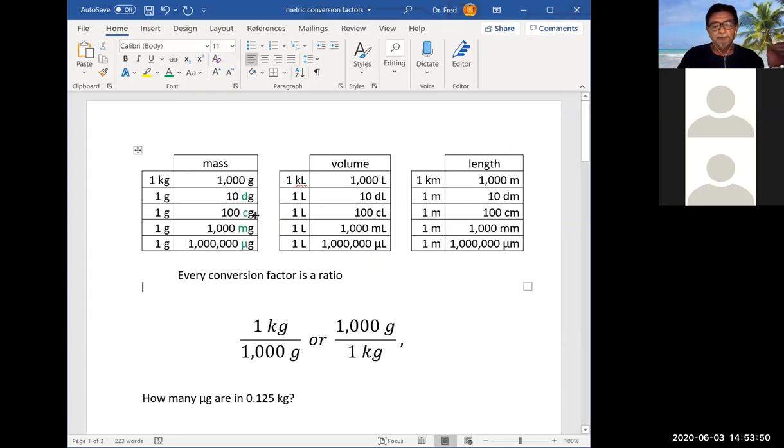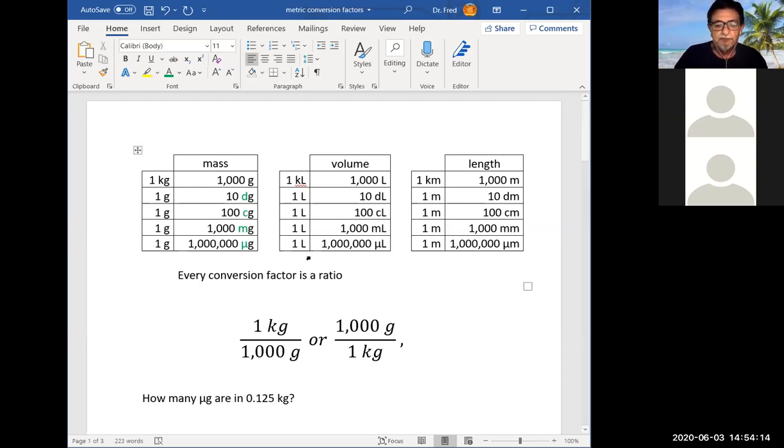So in 1 gram, there are 10 decigrams, or 100 centigrams, or 1,000 milligrams. This unit here that I highlighted, the last one where you have 1,000,000, that looks like a U, that's a microgram. Okay, that's a microgram. So there are 1,000,000 micrograms in 1 gram.